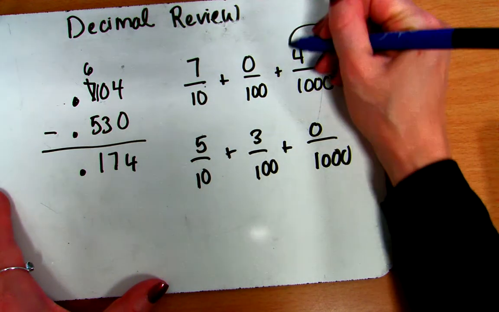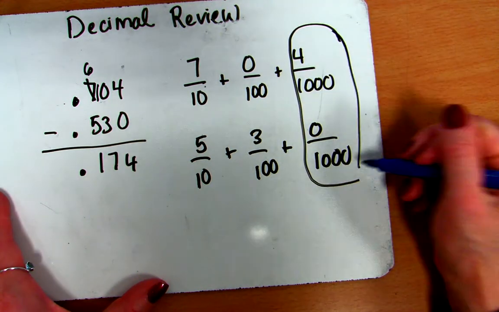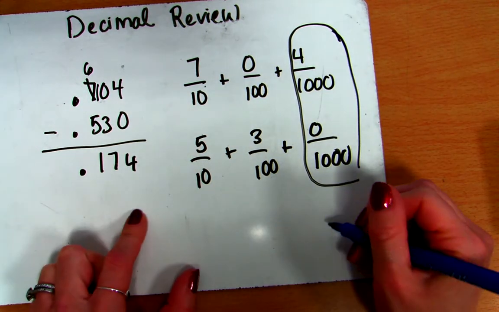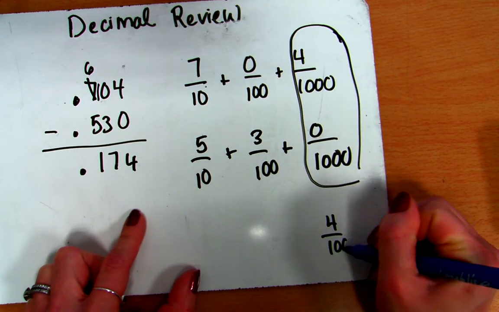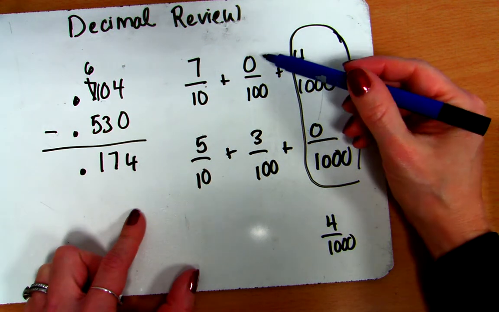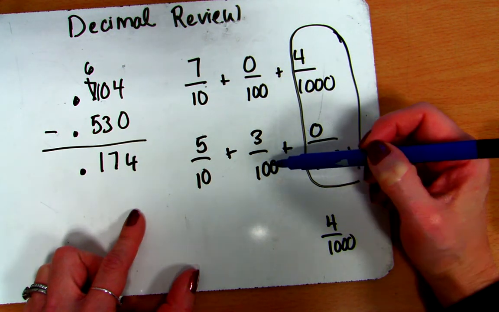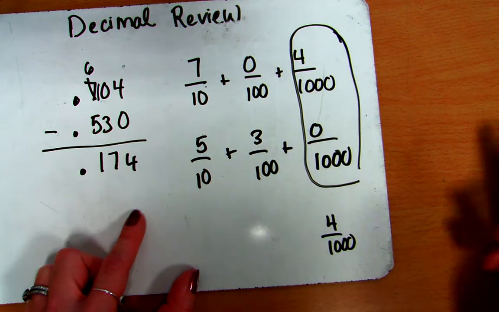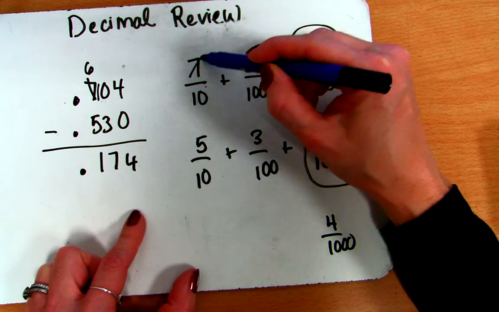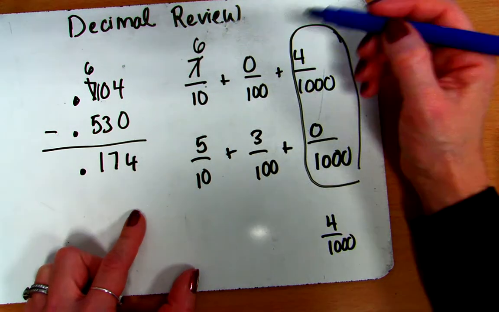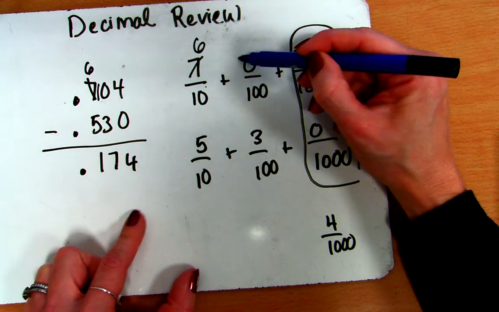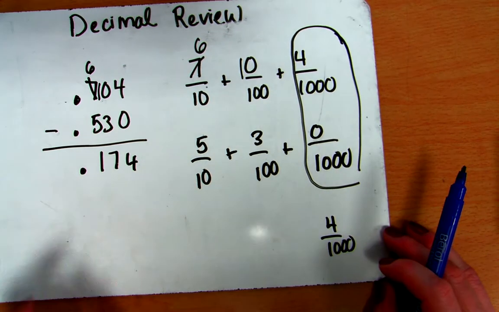Well, let's look at this. 4/1000 take away 0/1000 is going to leave me with 4/1000. Now I've got the same problem here. 0/100 minus 3/100. So I'm going to borrow again from here, right? 7. I'm going to make that a 6, and I'm making this 10 because I'm borrowing essentially 1/10 from over here.